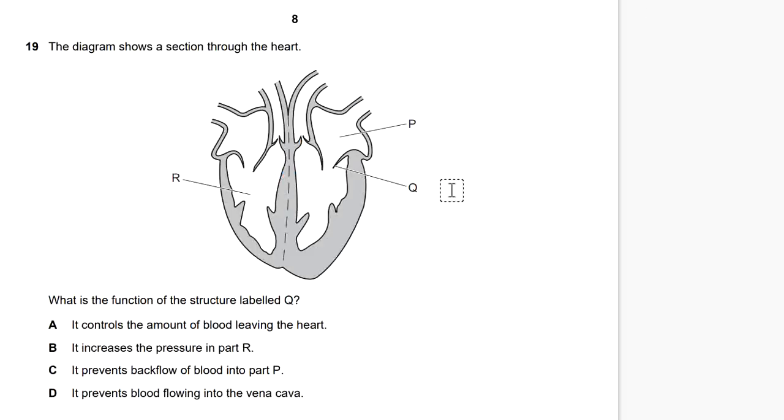The diagram shows a section through the heart. What is the function of the structure labeled? Actually, this part labeled Q is what we call the mitral valve.